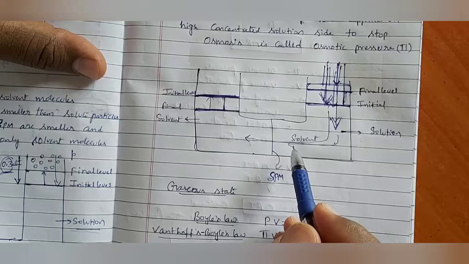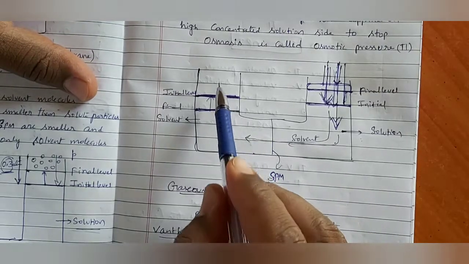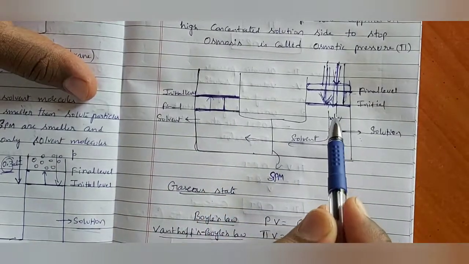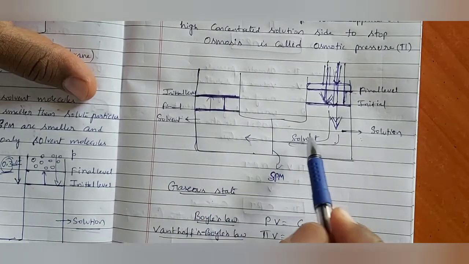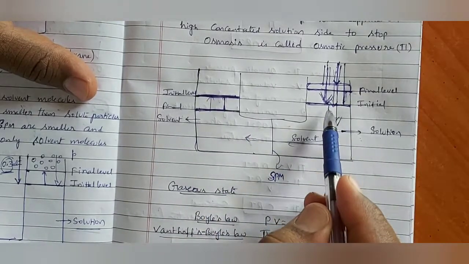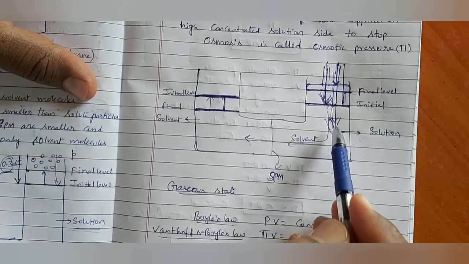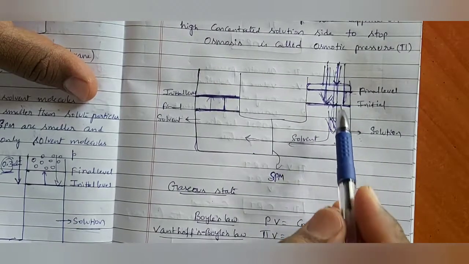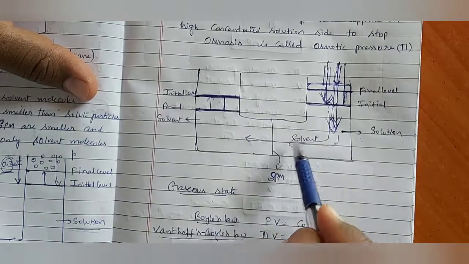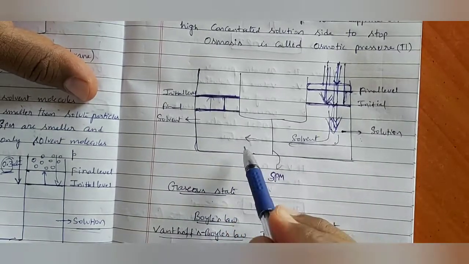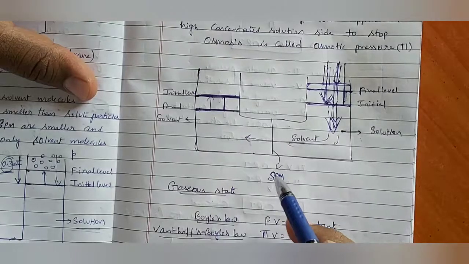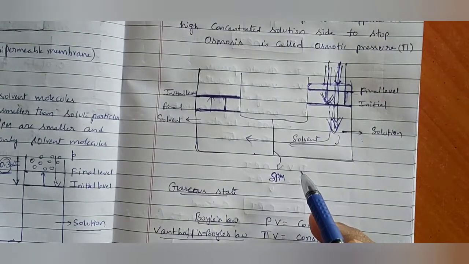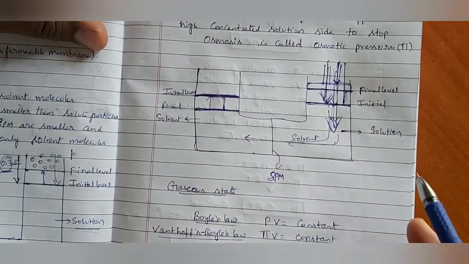Generally osmosis will take place from low concentration region to high concentration region, water to solution side. But if you apply pressure greater than osmotic pressure, down the initial level, then solvent molecules will move from solution side to solvent side. That process is called reverse osmosis.